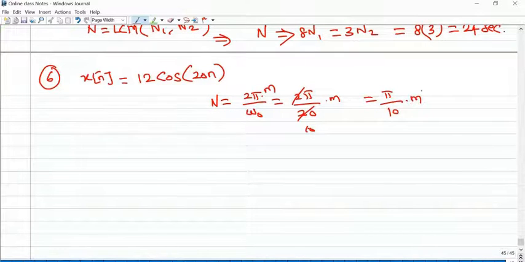If you select any value for m, the pi term will not cancel. There is no possibility of cancellation of this pi. Therefore, this is not a periodic signal.